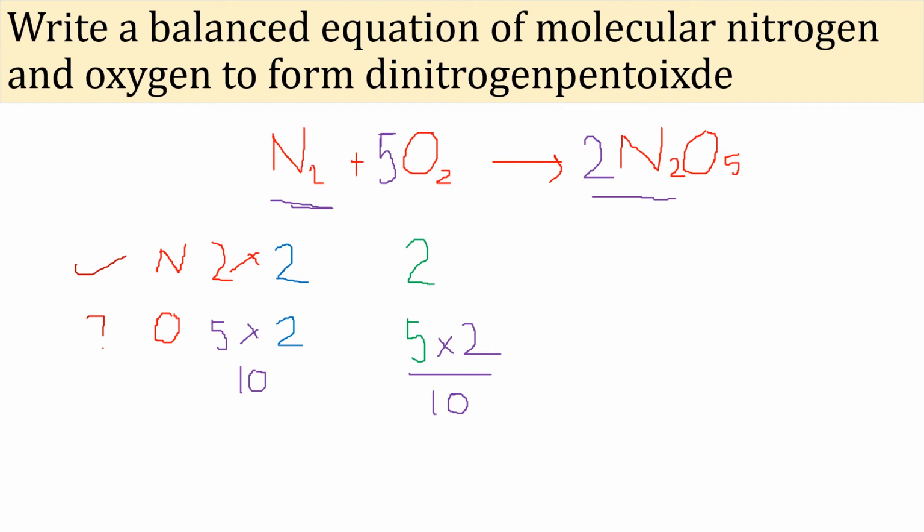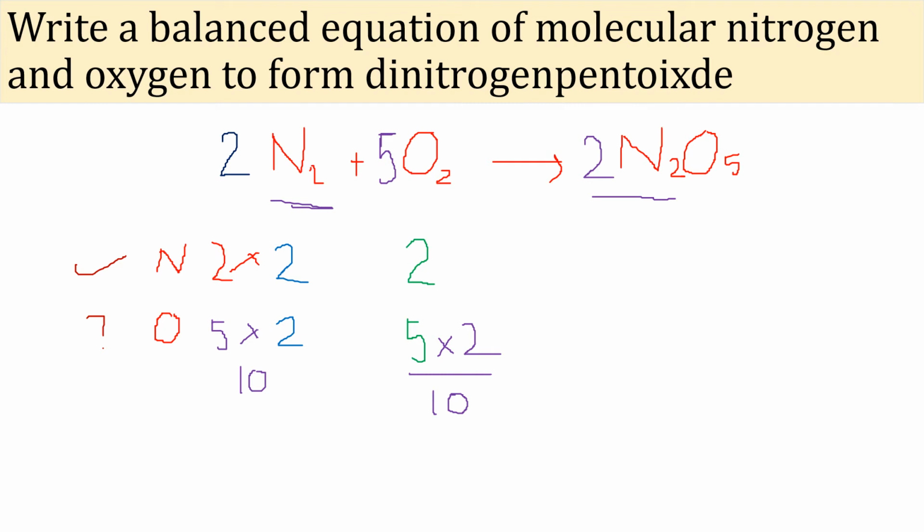If I multiply nitrogen on the reactant side by 2, I will get a balanced equation with 4 nitrogen on the product side.